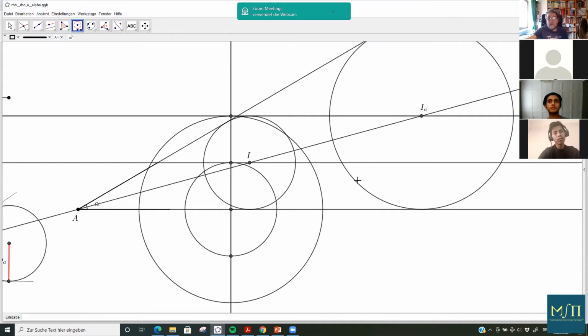Now, there are two options to find a tangent to both of these circles that is in the middle here. One can be slanted in this direction, and one can be slanted in this direction. By drawing both of these, we will get two solutions, but the two solutions are symmetrical with respect to the angle bisector of alpha. So we're actually still not getting two different solutions if we do this. But somehow we have to find these common tangents.